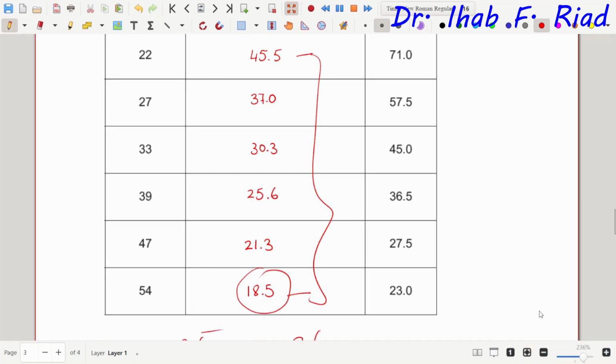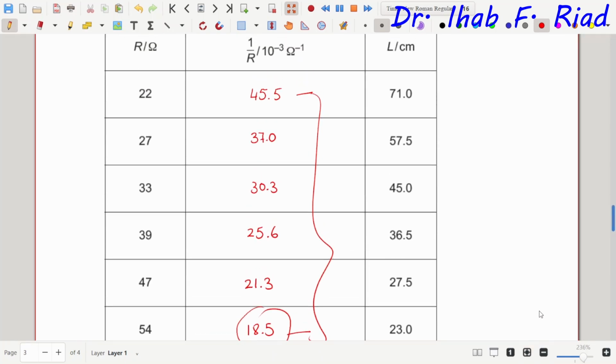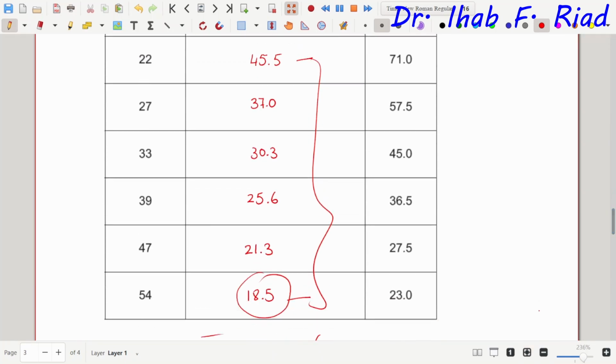Now, what about the y-axis? We again do the same. We can see that we are starting from 23 and rounding up at 71. We don't have to start from 0. Then how can we choose the scale? It is maximum minus the minimum, divided by the number of squares. So it is 71 minus 23 divided by 11.